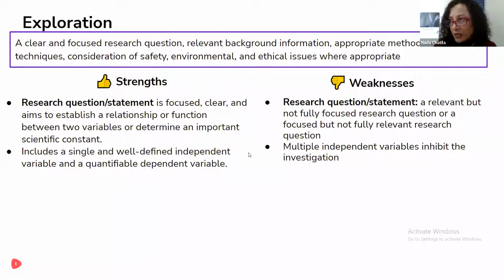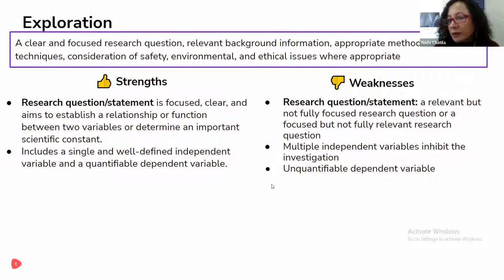Many students seem to think that if they have two independent variables, this will make their chances of getting a higher mark bigger. It's not correct. It's just the opposite, because multiple independent variables will lead to two or more investigations within the same investigation, and this will inhibit having a thorough investigation.